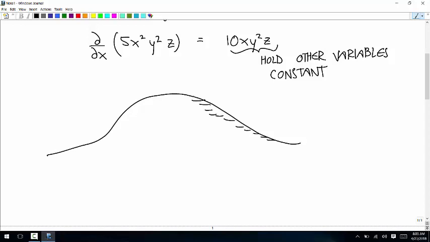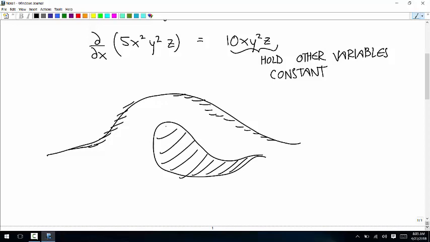Those contour lines are supposed to indicate that this is three-dimensional. Maybe you have something going on in here too, a little valley in there.